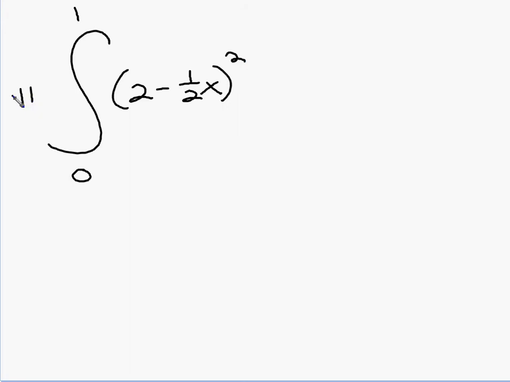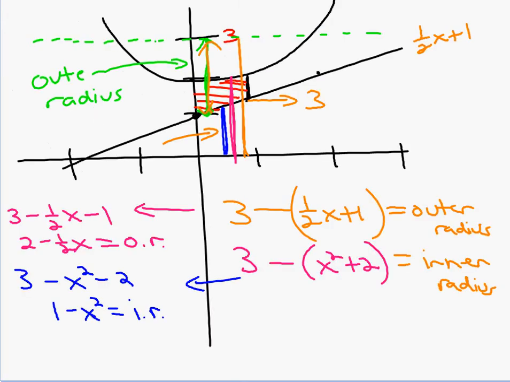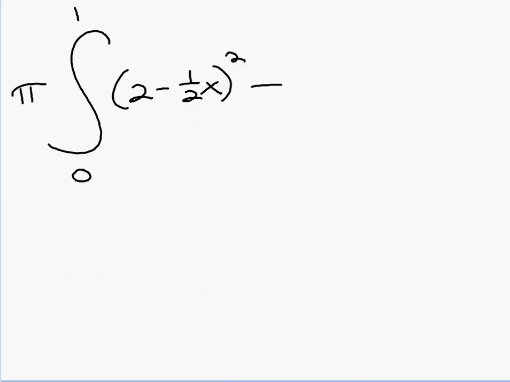We'll still have our pi out here because we're still slicing off cylinders, little flat cylinders. And I'm going to subtract the inner radius squared, which is 1 minus x squared, squared, dx.